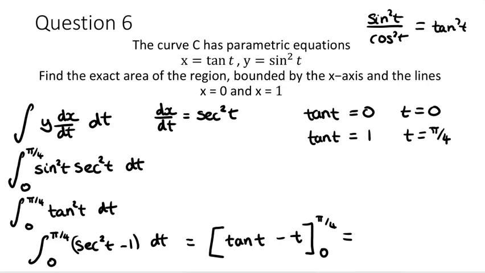Please make sure we're in radians, always in radians when we're doing calculus, and then the t, just putting the pi over 4 there. We can keep it exact because that's what we've been asked to do, and often in the exams you will be asked to leave it exact rather than as a decimal. When you sub in the lower limit of 0, both of those terms go to 0. So 1 minus pi over 4 is just our solution here.